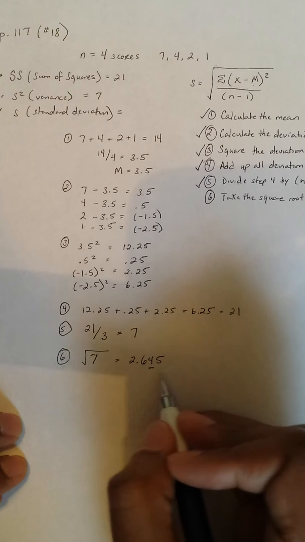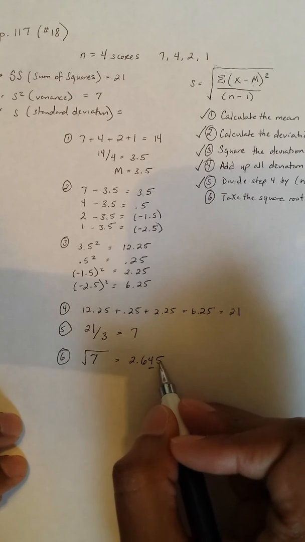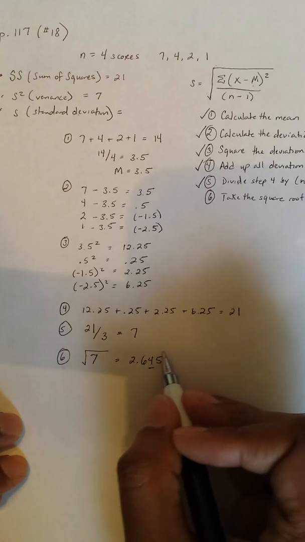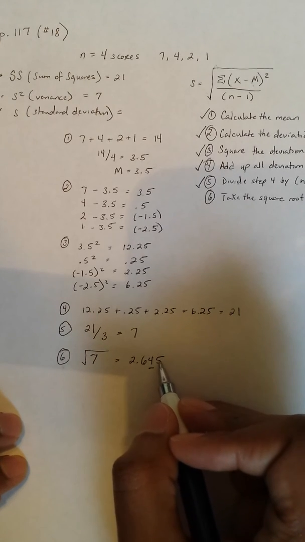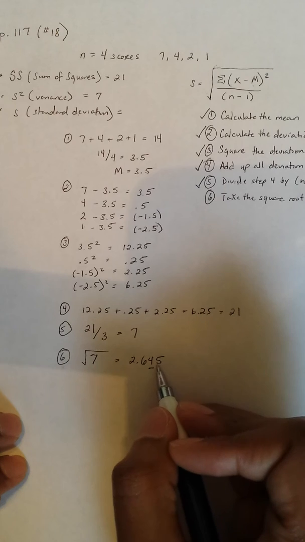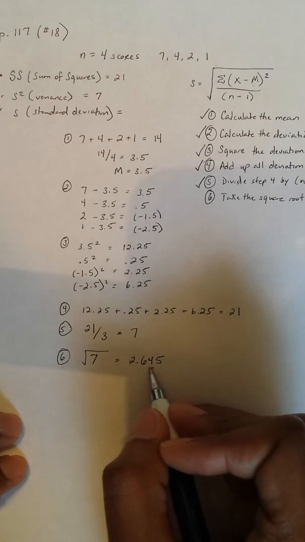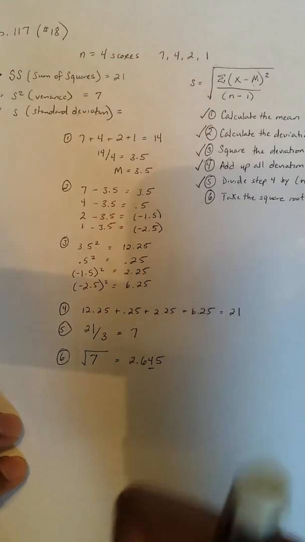Which means that to the right of that number, if this digit is 5 or higher, you're going to round up. However, if it's 4 or lower, you're going to leave it be. Okay, so since we got a 5 adjacent to this 4, I want you to round up.